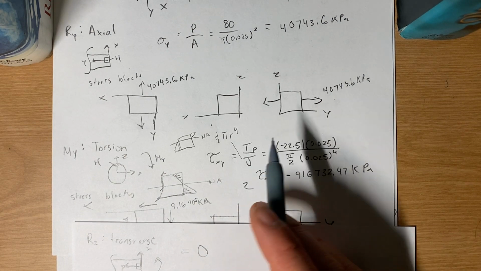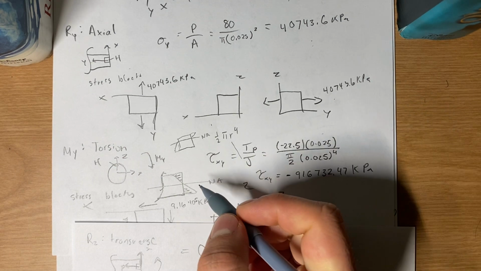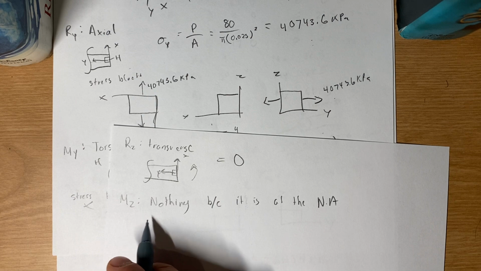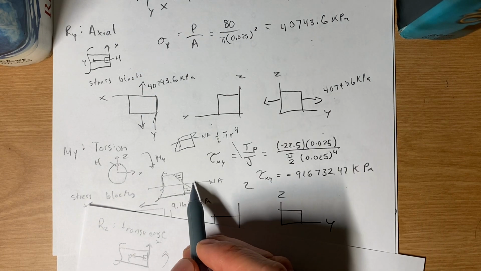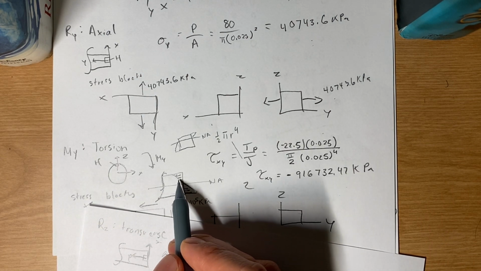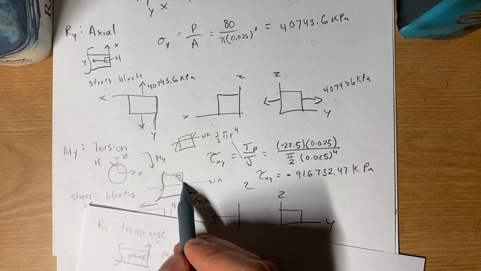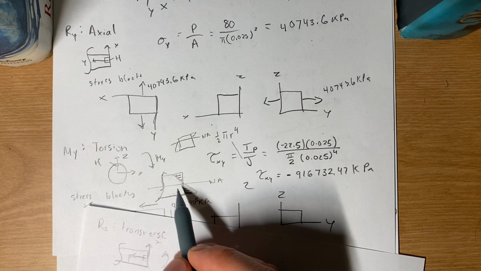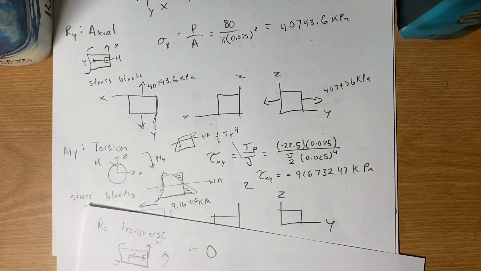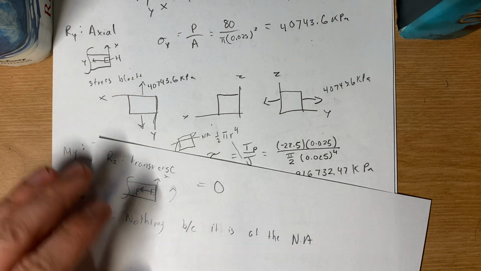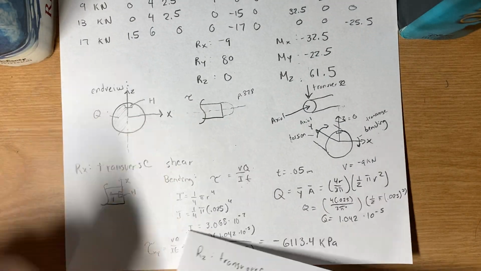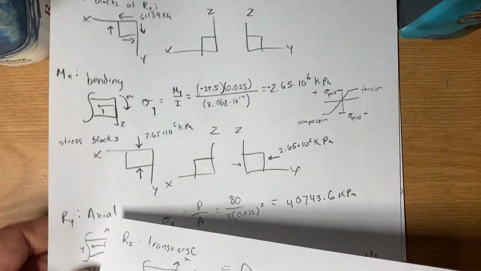So in this problem it is Z. So at my Z, my moment at Z, nothing is occurring because it is at the dead center. So literally nothing is happening. So my X and Y are affected, and that's why I also explained in the beginning that I knew my neutral axis was at Z.